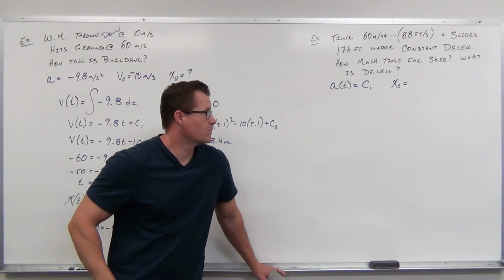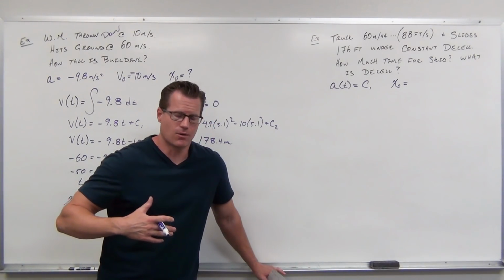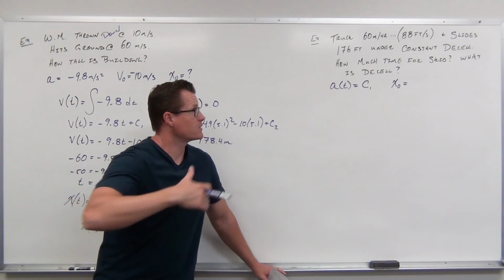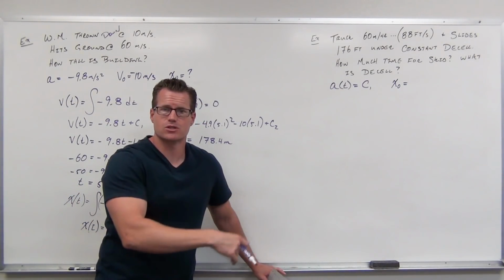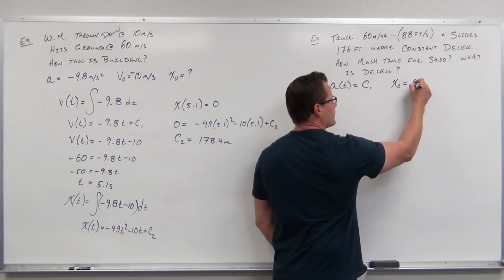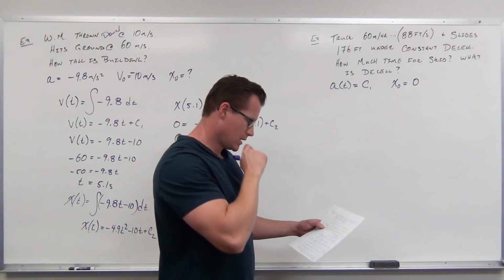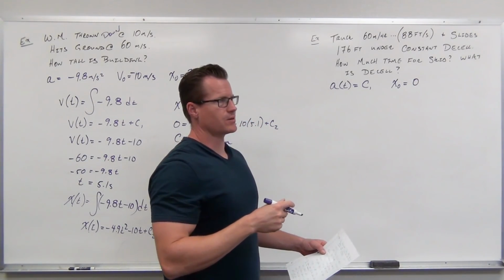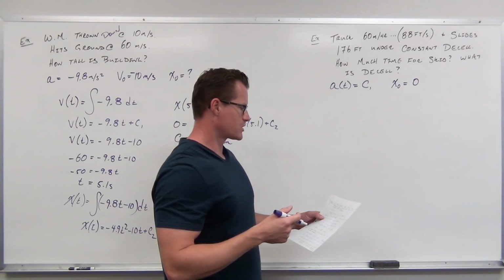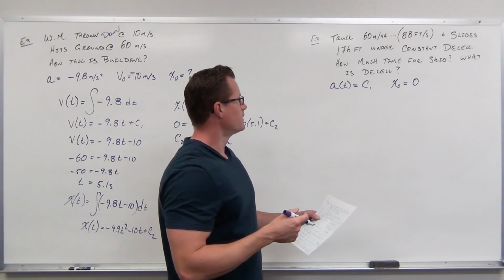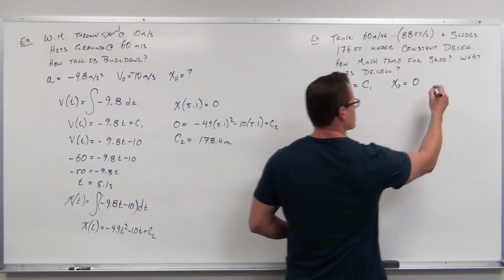We start at 0 because we're trying to figure out from that point we slid 176 feet. Let's just assume that we start at 0. Now, the next thing, we don't actually have a, oh, we do have initial velocity.